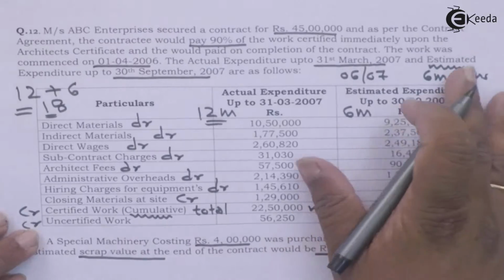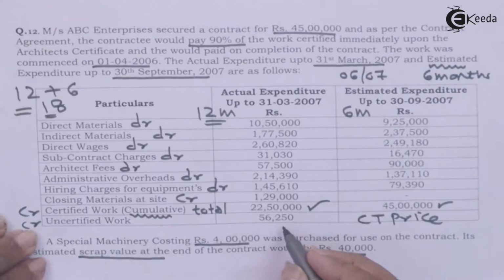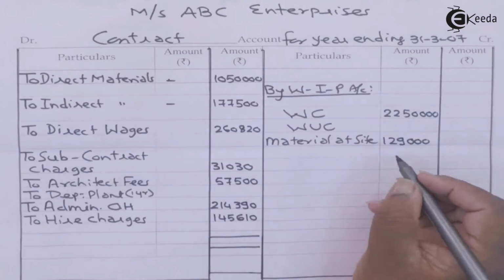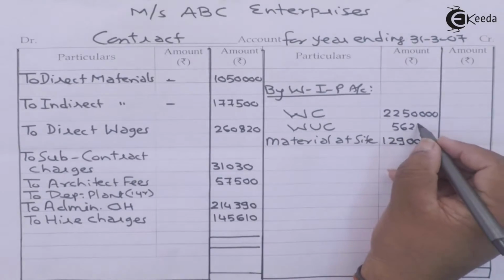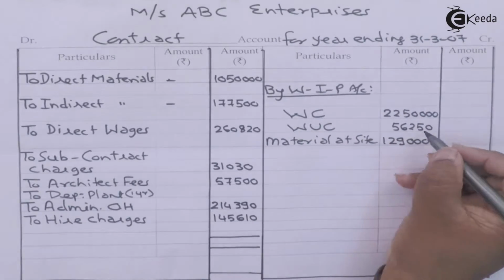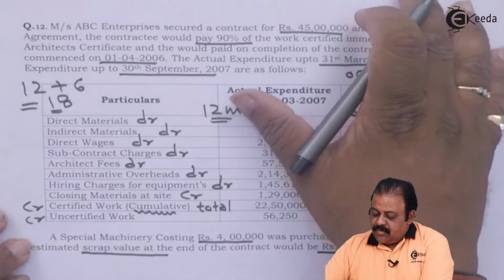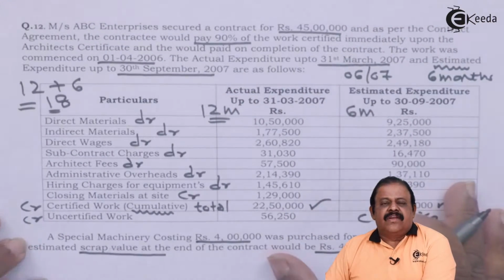Uncertified work 56,250. We have recorded all the details which are given in the table.